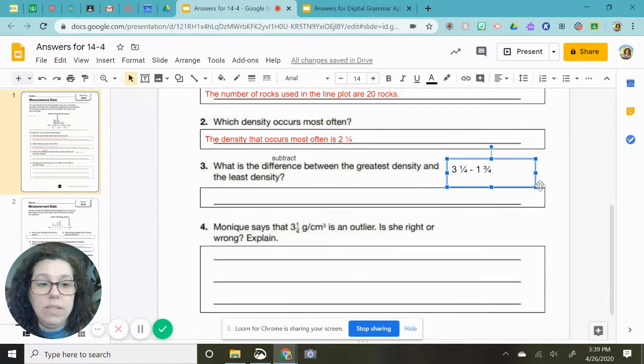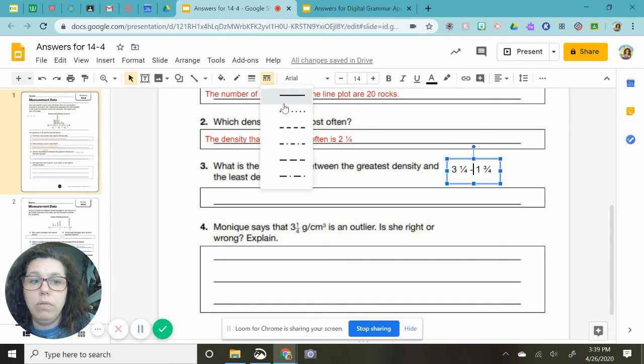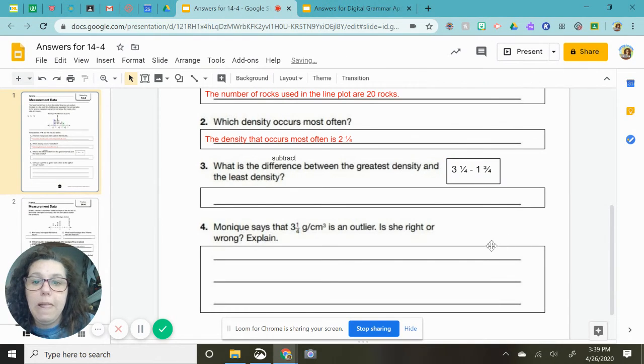I will tell you this is not one where you already have the same common denominators, so you do need to borrow from the whole number up in the 3. I will do an example of that here in a few minutes. I should put a border around that.